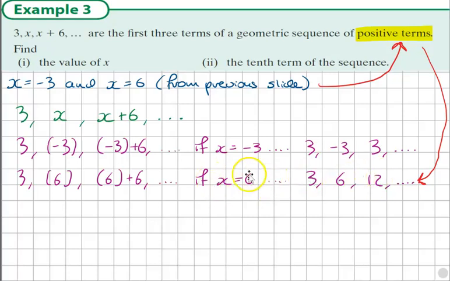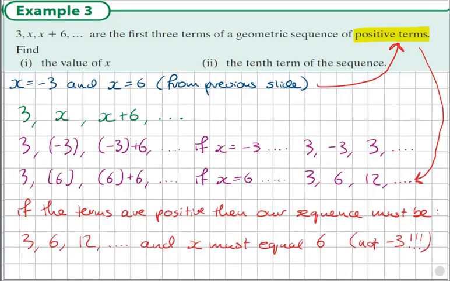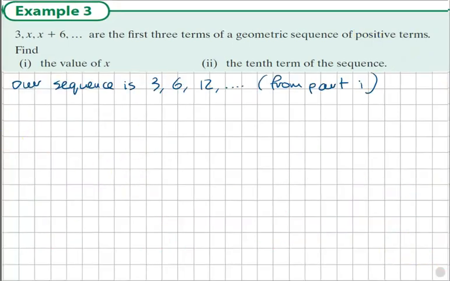So therefore, x must be equal to 6 and not equal to minus 3. So if the terms are positive, then our sequence must be 3, 6, 12, ... and x must be equal to 6 and not equal to minus 3. So our sequence is 3, 6, 12, ... So that's the answer. That's from part 1.